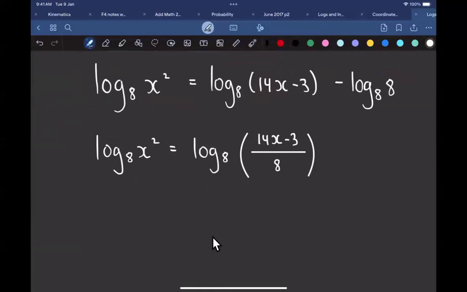Yes, and explain why we're gonna drop logs. Why can I drop logs there? Because we have one log on each side. Yes, you have one log on either side. That's the reason.